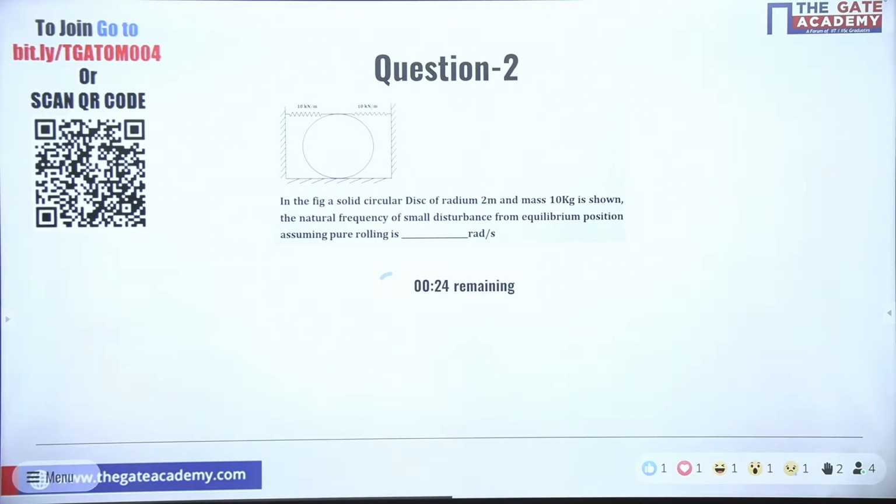So when we have pure rolling, what can we do? We can assume a hinge, so we can do it by the torque method. We can assume a hinge at the point of contact, which is the instant center.